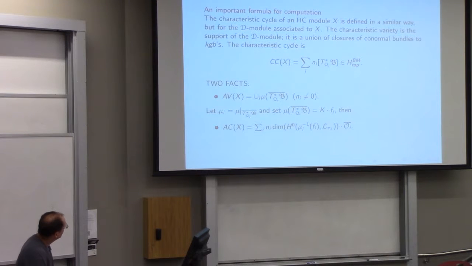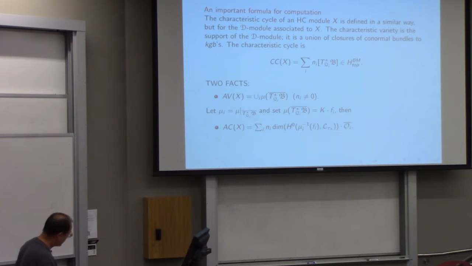And the characteristic variety would be a union of conormal bundles to K orbits. And then there would be multiplicities, the Ni, associated to that. And the fact is, well, a couple of facts.